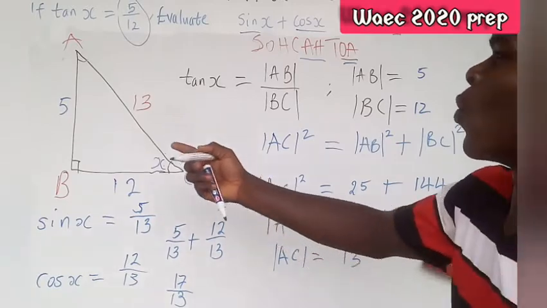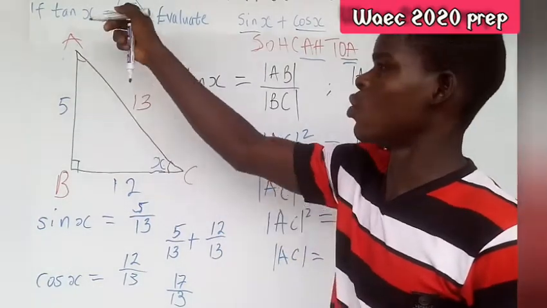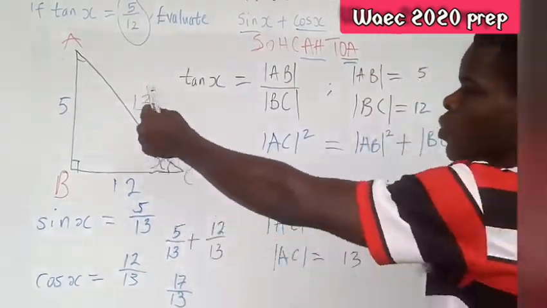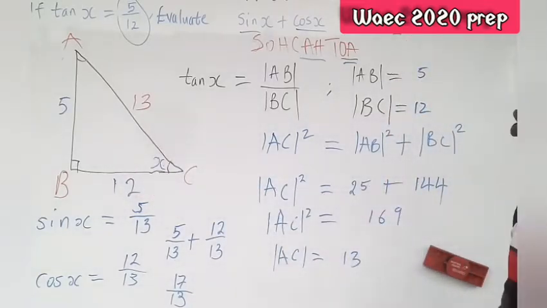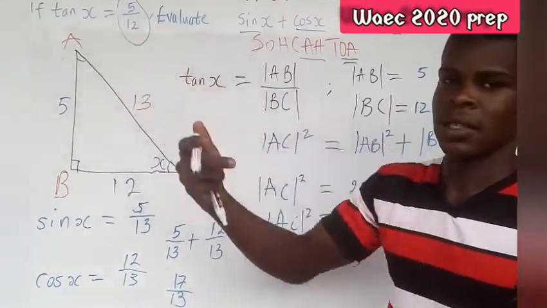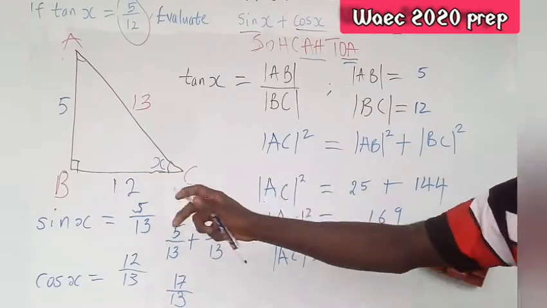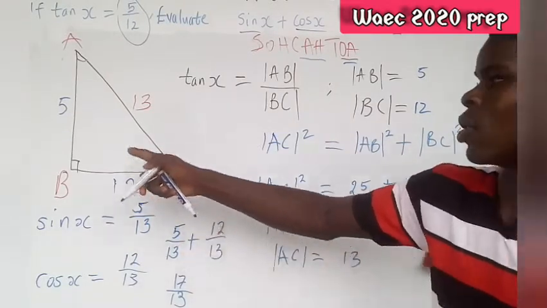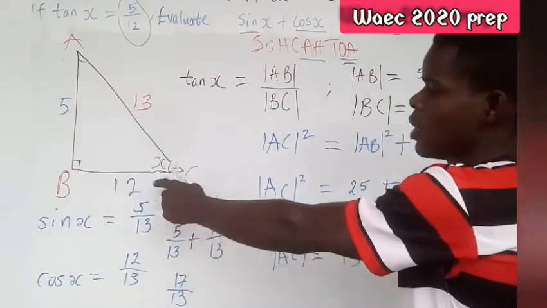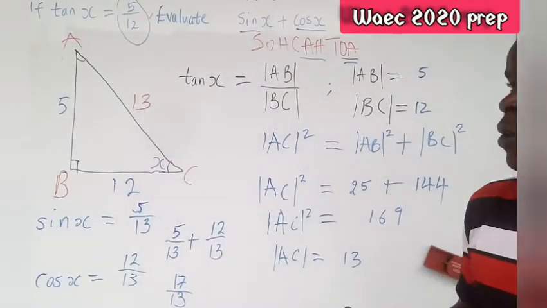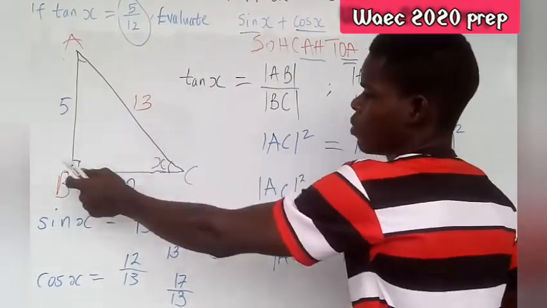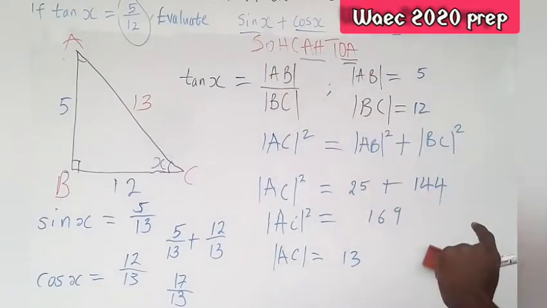First of all, we observe the question. We know that this was a fraction and could be represented on a right-angled triangle. So you position your angle. After positioning your angle, you determine what the opposite of that angle is, what the adjacent is, and what the hypotenuse is. Then you position it based on the trig ratio given.